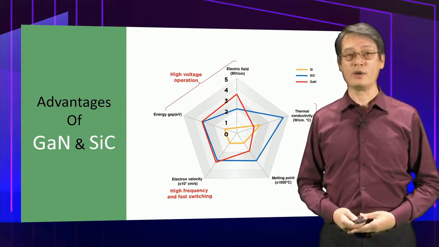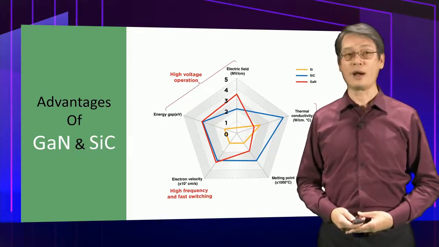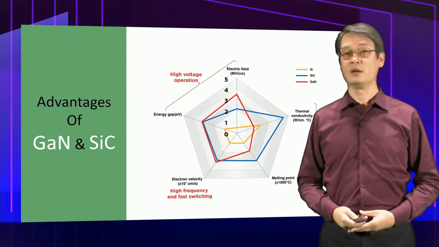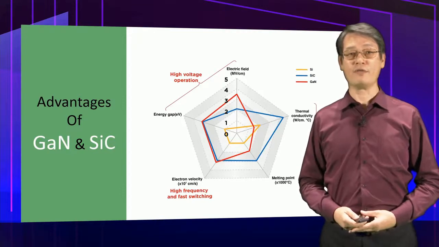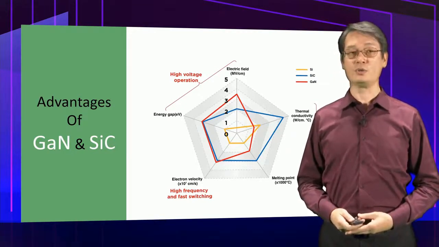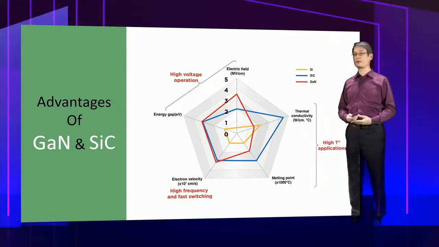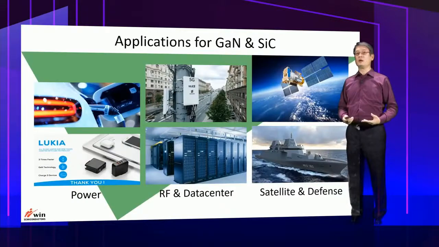High electron velocity makes both gallium nitride and silicon carbide ideal materials for high frequency and fast switching power applications. It greatly reduces the energy loss during power conversion. This page shows the applications for gallium nitride and silicon carbide.